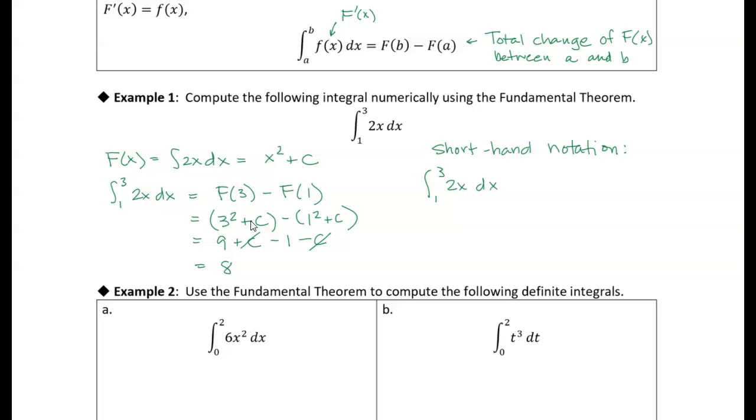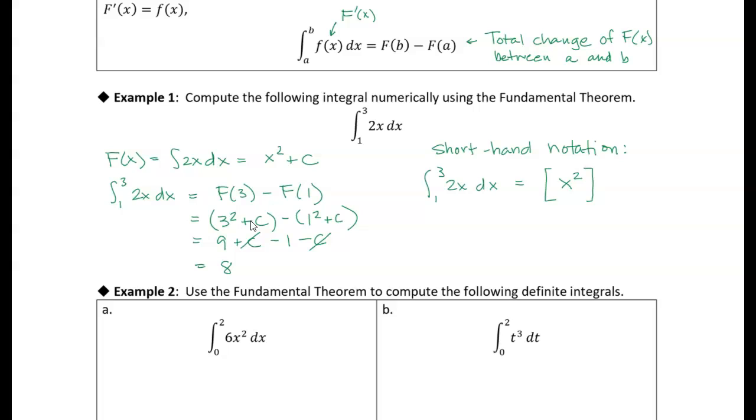Rather than writing these all out as separate steps, finding the antiderivative, what we can do is put the antiderivative in square brackets. Some people use just a line. I think that's what they do in your book. But we know that the antiderivative is x squared plus c, but since it's a definite integral, I'm just going to ignore the plus c.